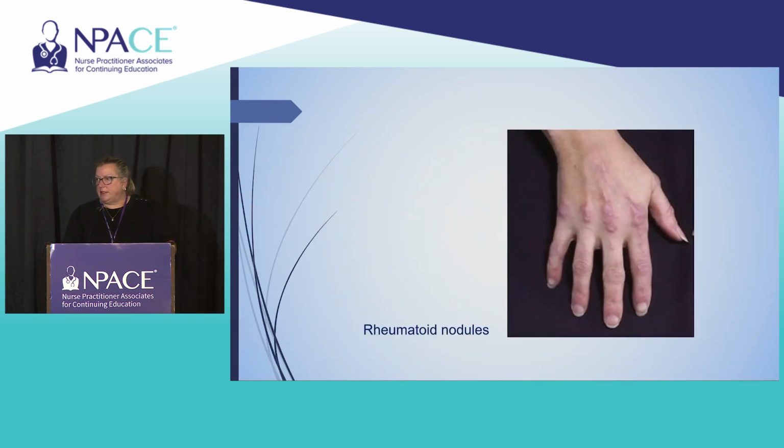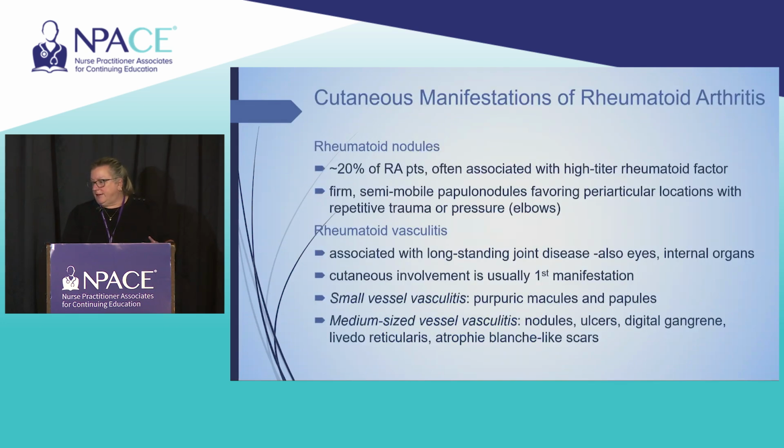Those are more common. These, I'm sure all of you see in your practices regularly, the rheumatoid nodules. They are firm, semi-mobile papulonodules, and they favor periarticular areas of trauma. So fingers and hands and elbows are more commonly affected with the rheumatoid nodules. Rheumatoid vasculitis is associated with long-standing joint disease.